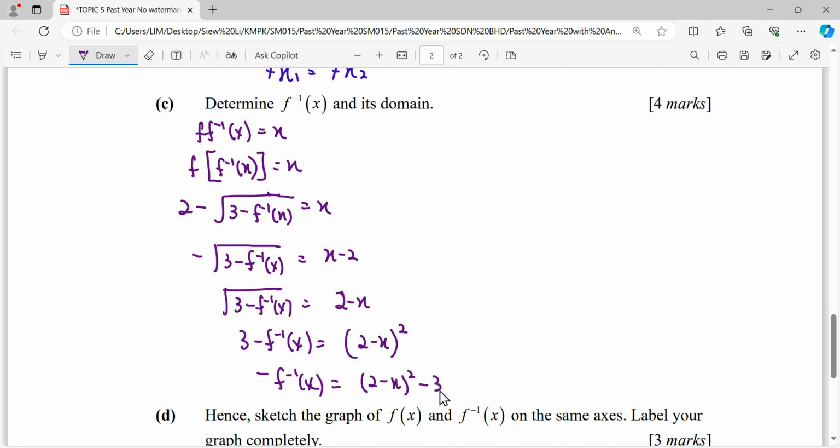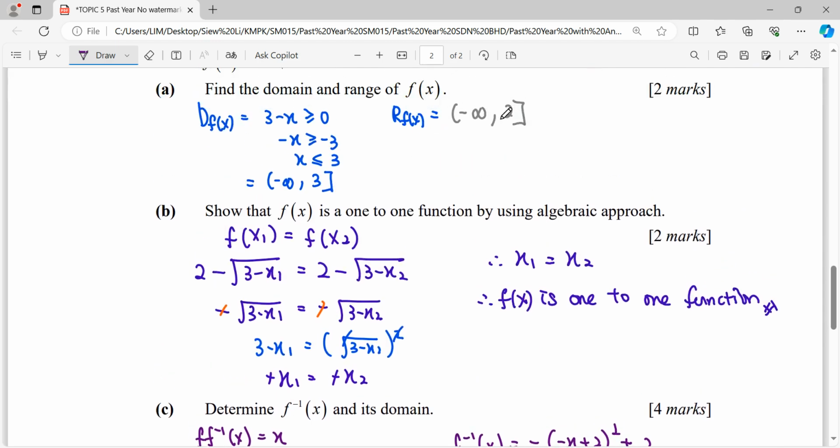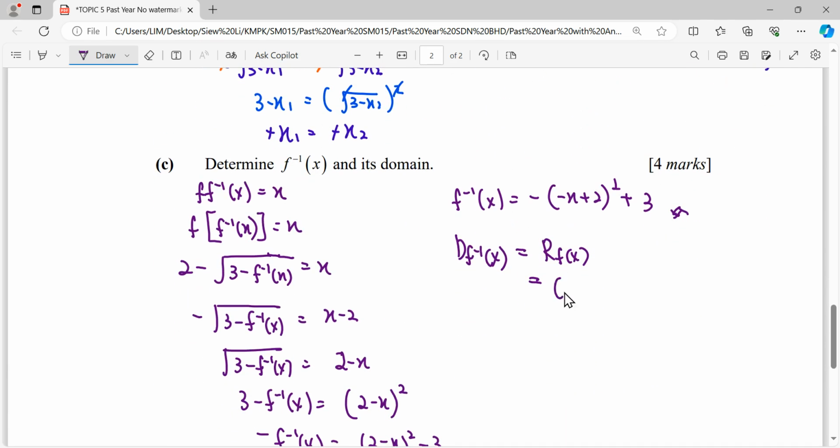Then minus 3. Then simplify your negative. It will become negative. Then I rearrange here: negative (x minus 2) squared plus 3. So this is your f inverse. And what is the domain? For the domain of f inverse, we are going to refer to the range of the function. So the range of the function, you can see, is negative infinity up to 2.